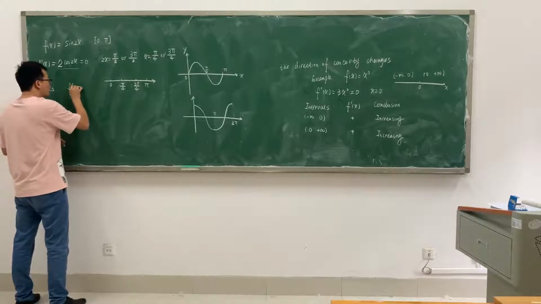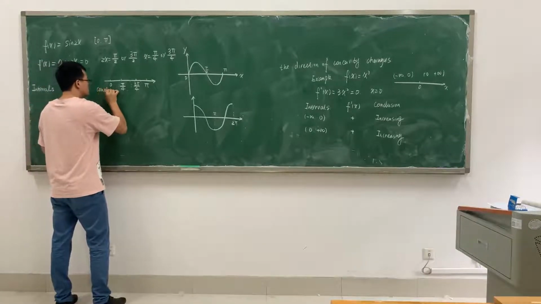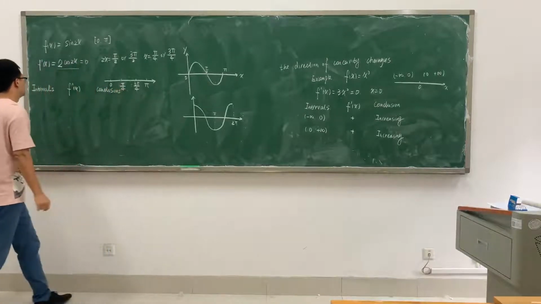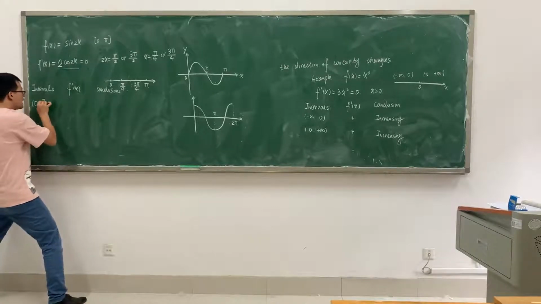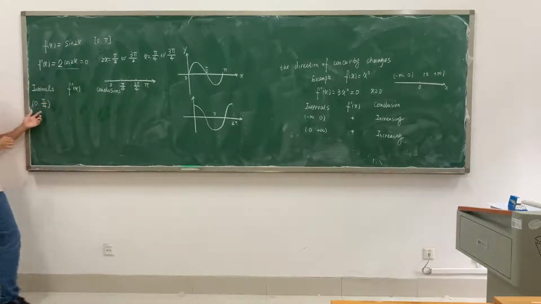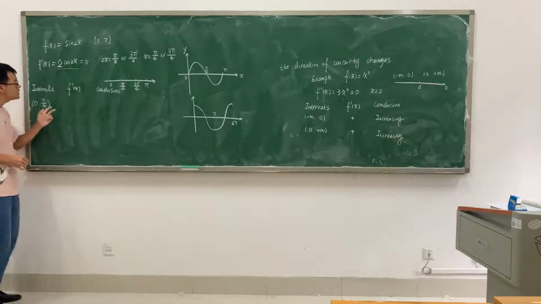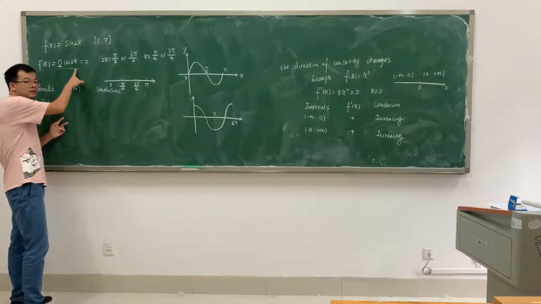Now we can see the intervals and f prime. The first interval is 0 to pi by 4. In this interval, is f prime greater than 0 or less than 0?